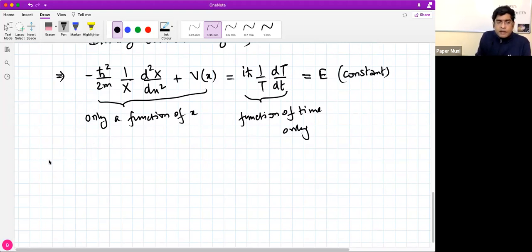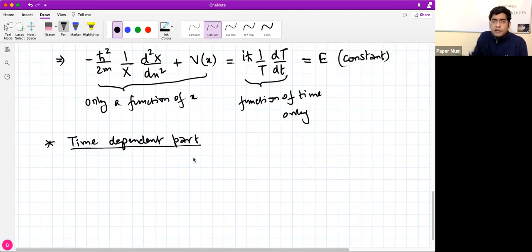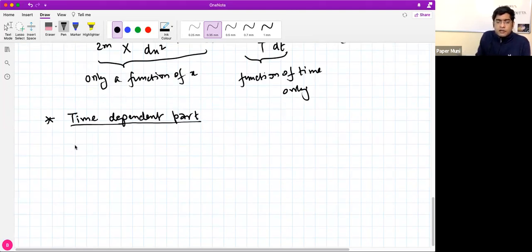Now the time dependent part. Let's do it. So the time dependent part is the second thing, which was only a function of time. Okay, so let's take it and then solve it.